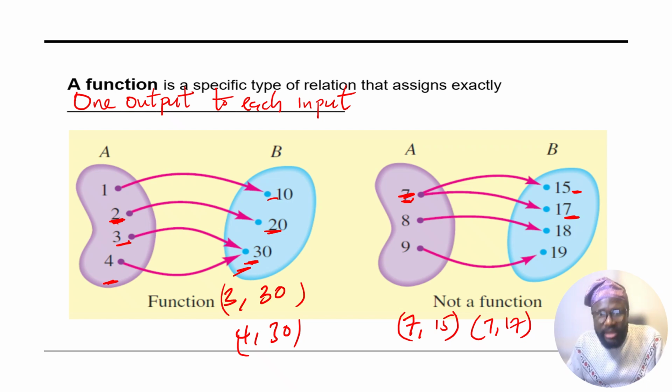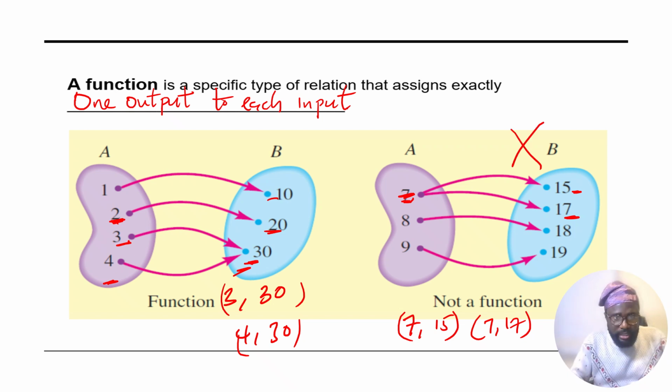That's not a function. 7 can give 15 and another number also gives 15. It's okay. Just like what we have in the first diagram. 3 gives 30. Then another number, 4 gives 30. It's okay. But when you have your x value repeating itself, just like this second diagram, then it's not a function. Okay, let's move on.